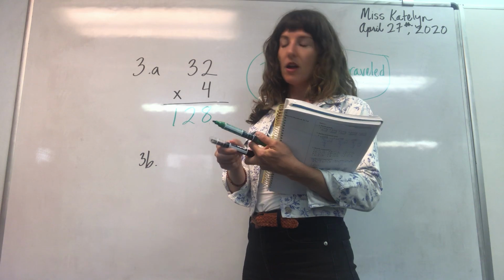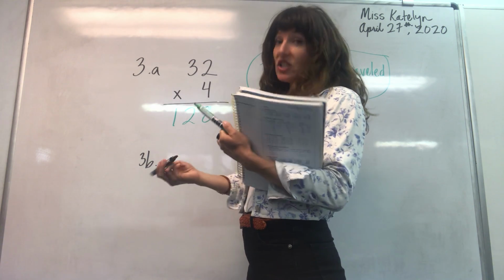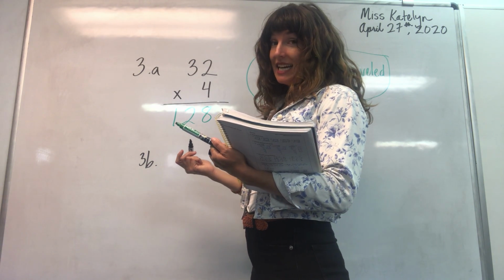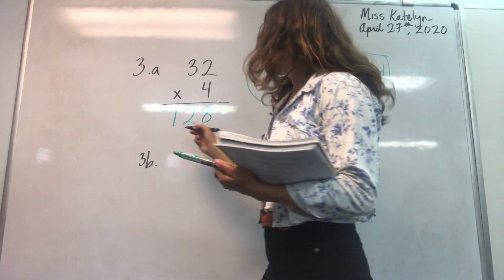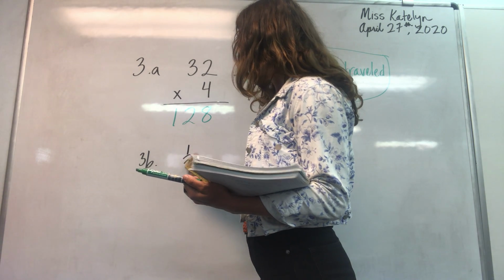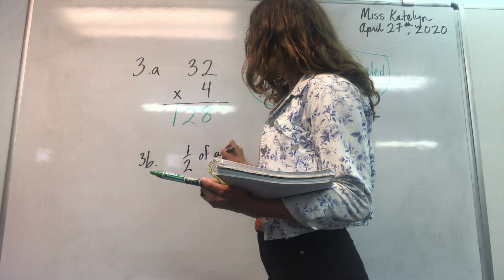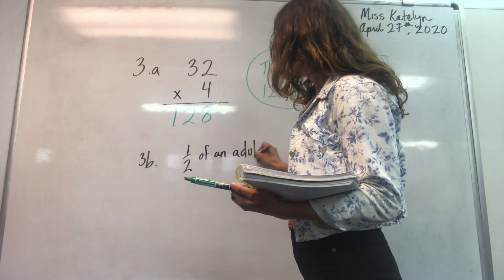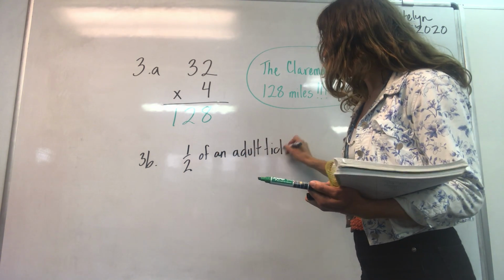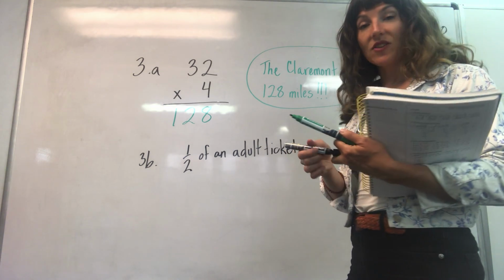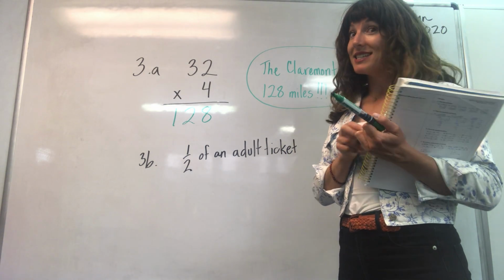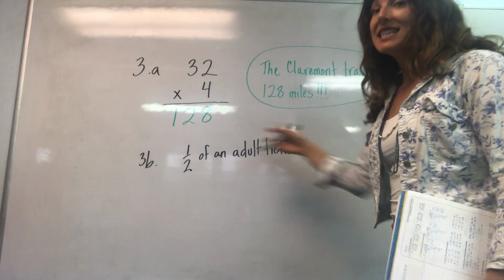Here we go. An adult ticket is 18 and a child's ticket is 1/2 of an adult ticket. Now we know that an adult ticket costs $18 because it says so. I want to see this in your book.